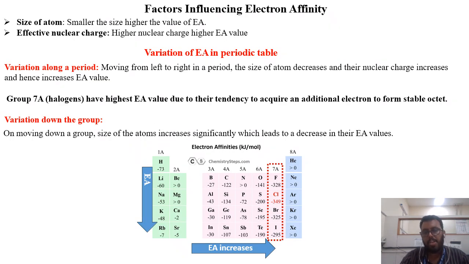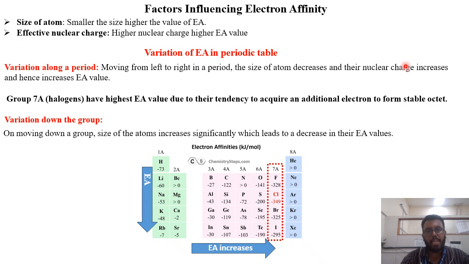Okay, factors influencing electron affinity. Now we will ask what is electron affinity, what is the trend. In the previous slide we have discussed electron affinity 1 and 2, right? Now, size of the atom, atomic size, effective nuclear charge, same thing like the ionization energy. Whenever the size of the atom is smaller, higher the value of electron affinity.